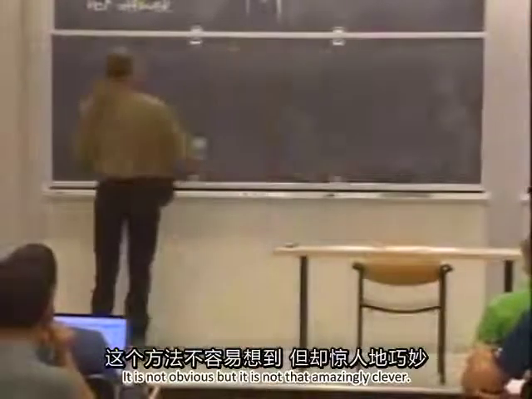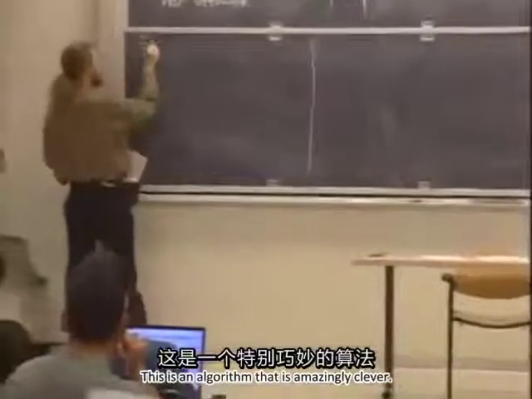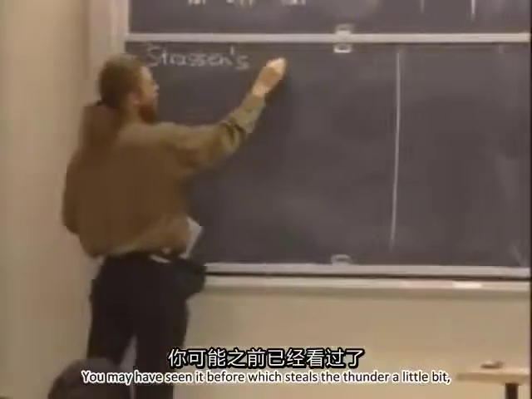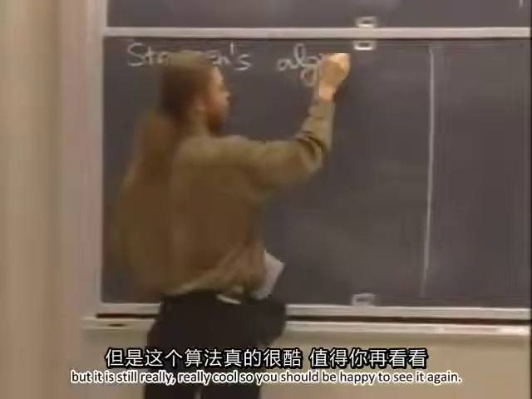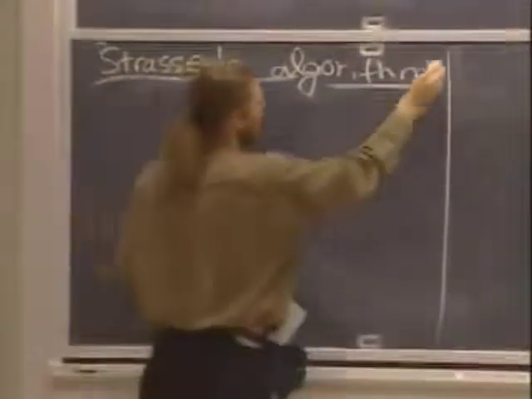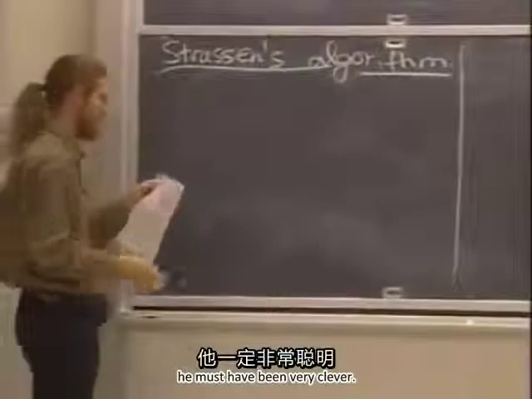It's not obvious, but not that amazingly clever. This is an algorithm that is amazingly clever. You may have seen it before, which steals the thunder a little bit. But it's still really, really cool. So you should be happy to see it again. And how Strassen came up with this algorithm, he must have been very clever.